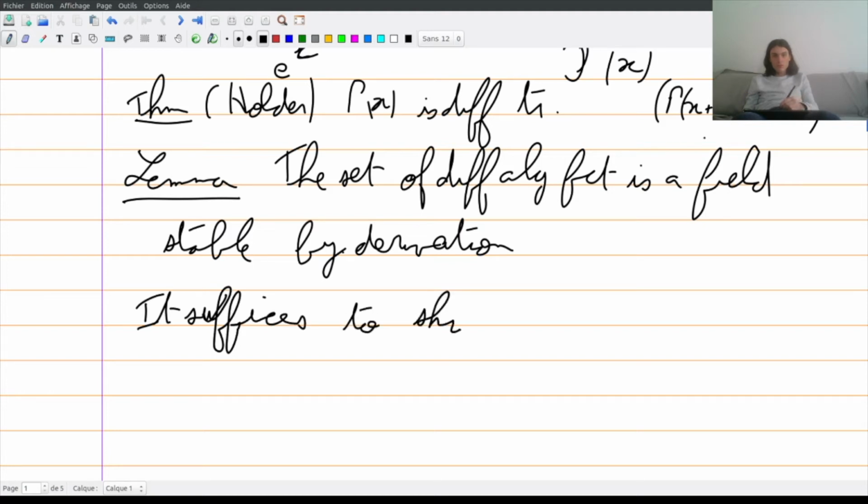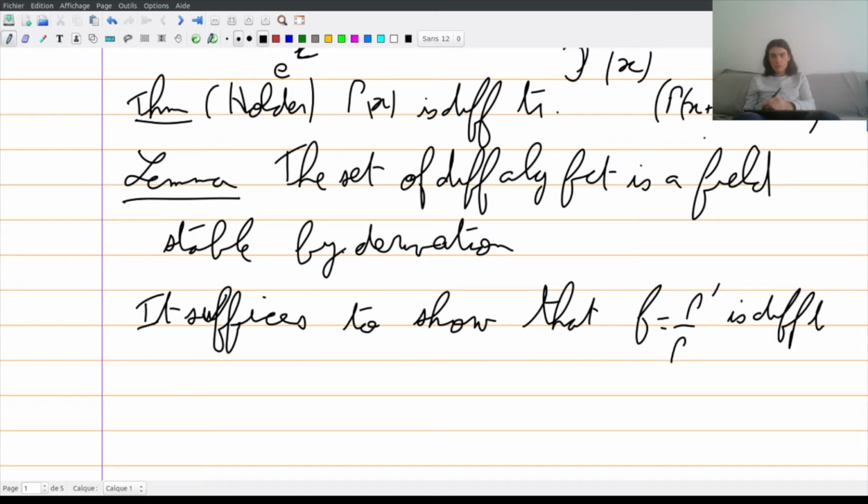to show that gamma prime over gamma is differentially transcendental. I use this change of variable due to the following fact. Sigma commutes with the derivation.